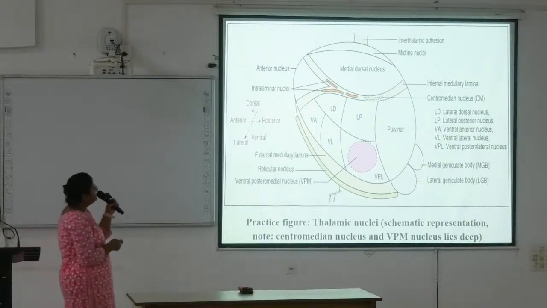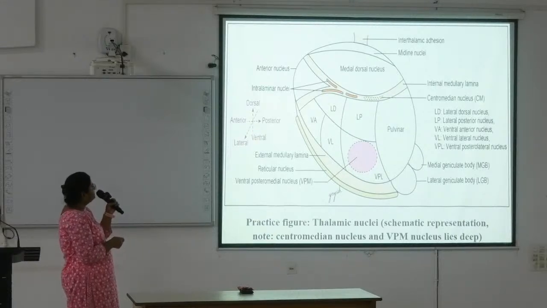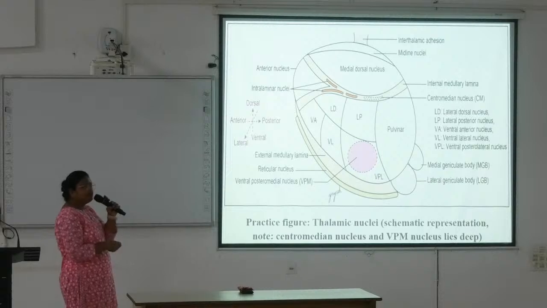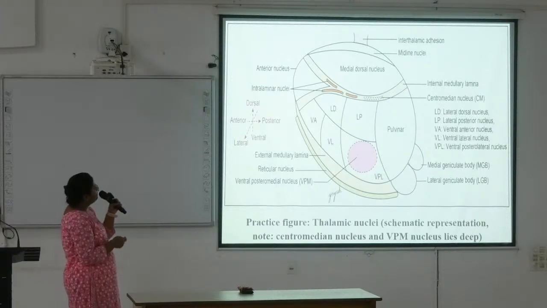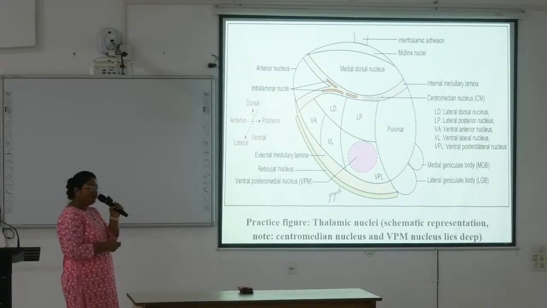See the nuclei anterior to the two limbs of the Y. Here is the anterior nucleus. Now this is the medial part and here is the lateral part. Most of the nuclei are located in the lateral part. The medial part contains only one nucleus, the medial dorsal nucleus. And within the internal medullary lamina, there are intralaminar nuclei.